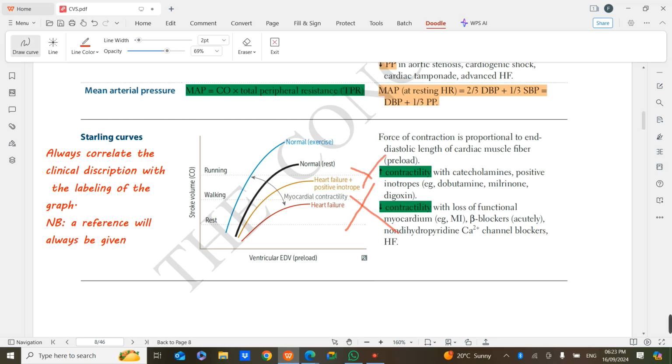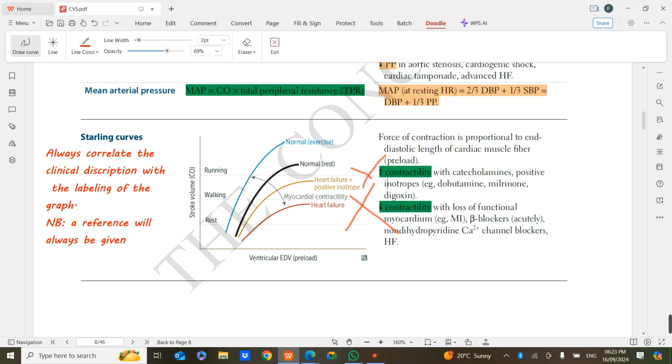The second one here is Y. All right. So the point I want you to get here is that any curve that is below normal, the heart has failed. It's just as easy as, because this is stroke volume, it shows that the heart is not pumping enough out. Heart failure.